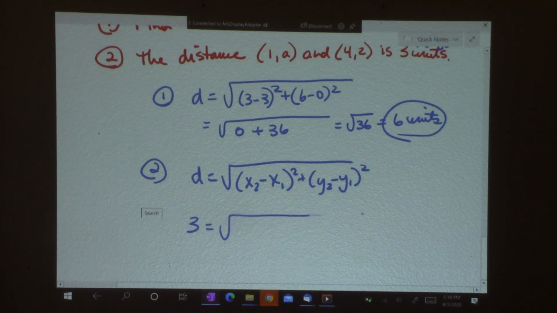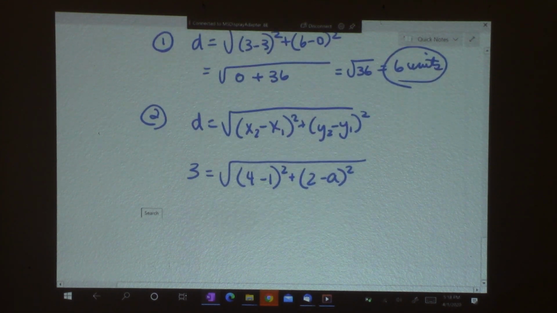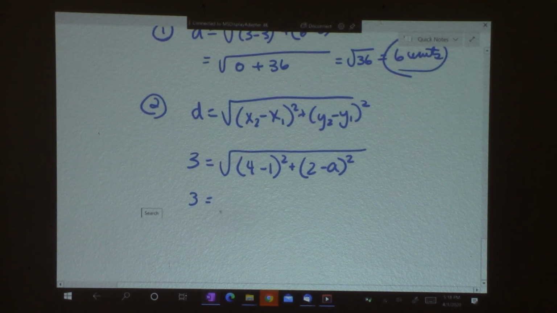So I'm going to label this again. All right, so x2 is 4, x1 is 1, and then 2 minus a squared. Okay, here we go. I'm going to do it quickly because I assume that you've already tried this.